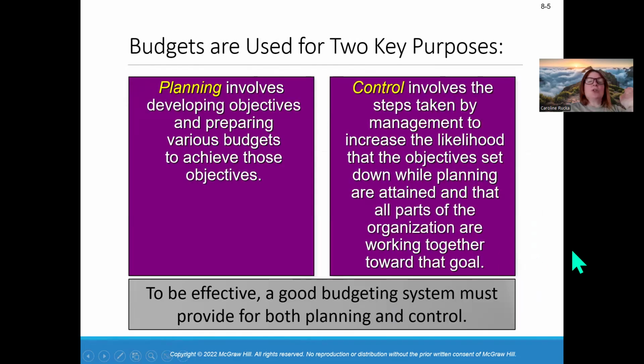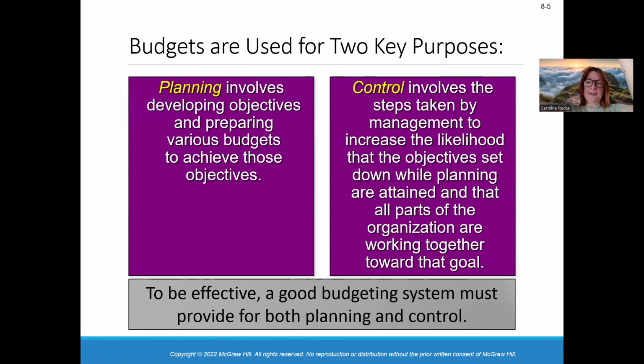So when we make this budget, we need it for 2 different things. Remember, this is an accounting cycle. So we're going to use this budget to plan. We're going to develop our objectives and decide how we're going to control our costs.